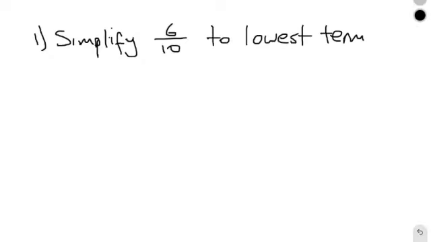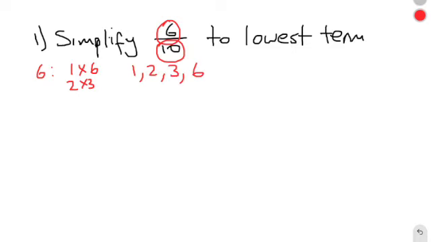Okay, so first step, we want to find all the factors of 6 and 10. 1 times 6, 2 times 3, and that's it. So all the factors of 6 are 1, 2, 3, and 6.